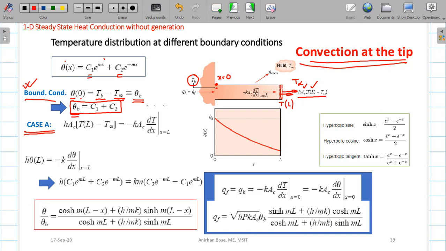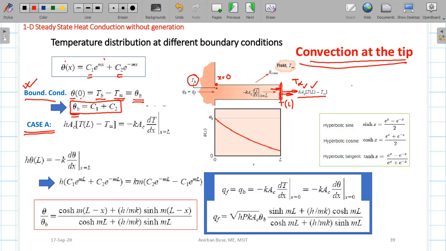Here we are only considering the tip cross section, and that convection is equal to the conduction heat flux which is coming at the surface. So what is the conduction heat flux coming at the surface?